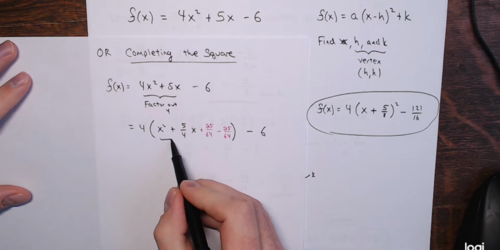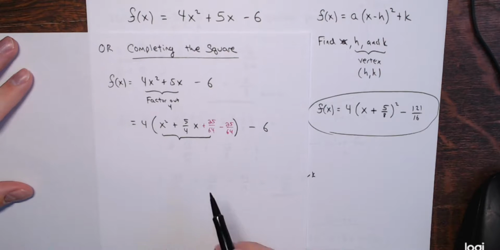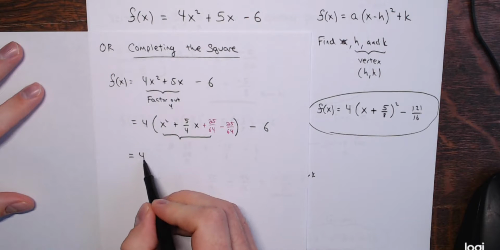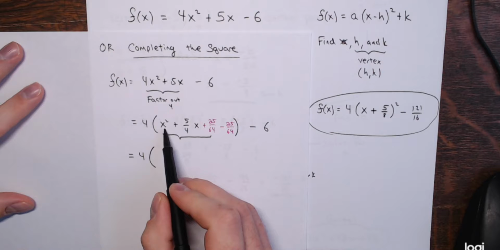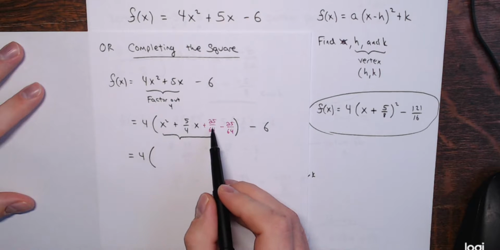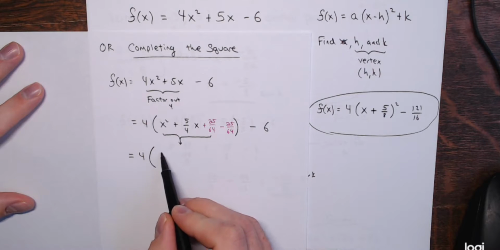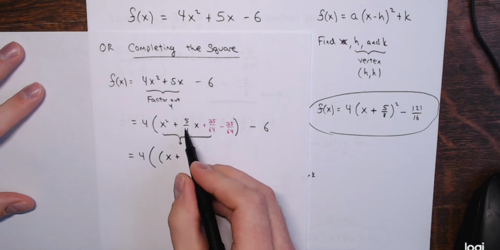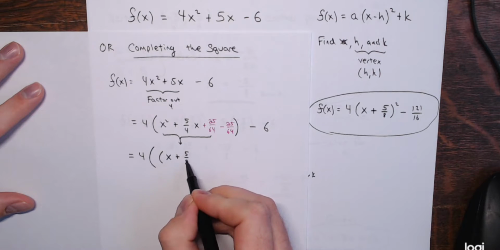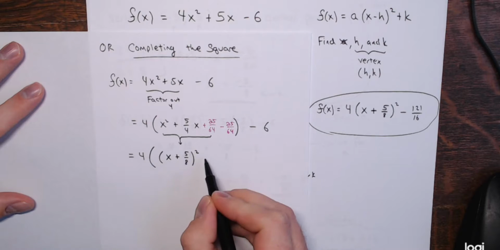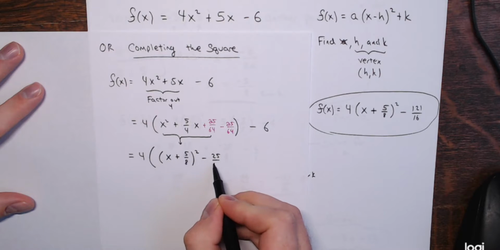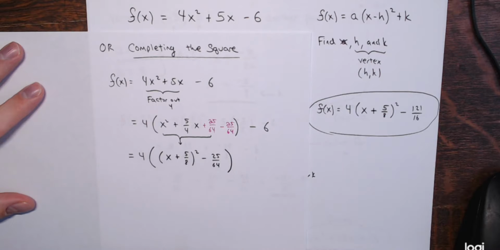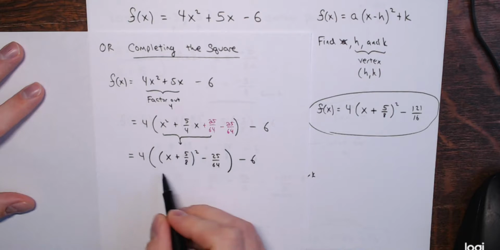Now the whole reason for adding 25/64 is to complete the square. We have 4 times the quantity x squared plus 5/4 x plus 25/64, which is a perfect square: x plus half of 5/4, which is 5/8, squared. And then you still have this minus 25/64 inside the parentheses, and then minus 6. Then we distribute the 4.